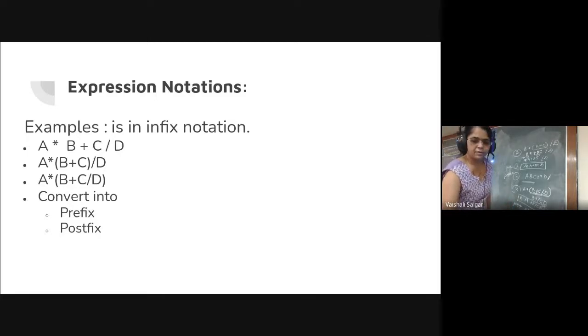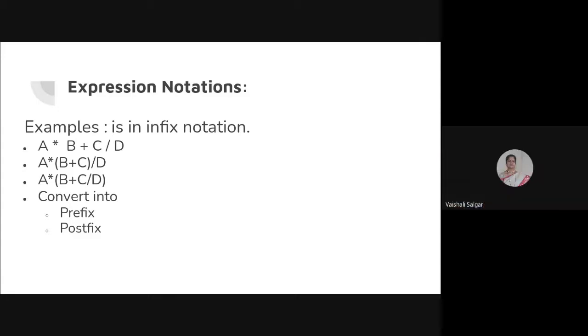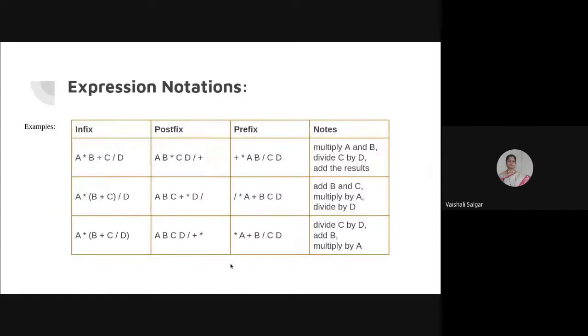Everybody? Yes, ma'am. Correct. So I hope now with this, you have understood the prefix and postfix, right? You can just check the answers here. So for the expression notation for this, as I mentioned, first we will solve the first bracket.